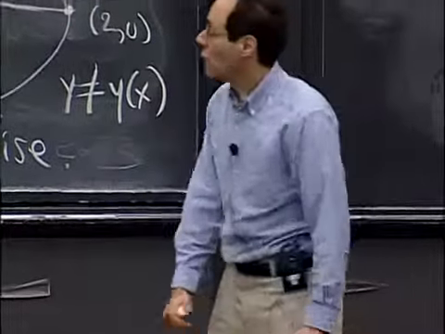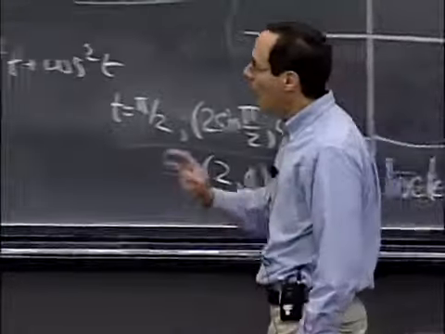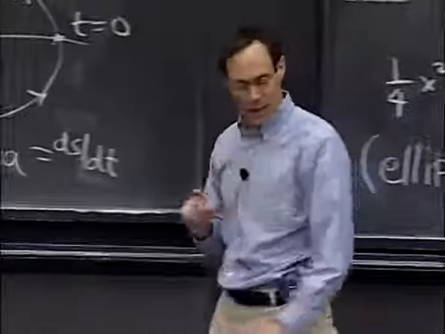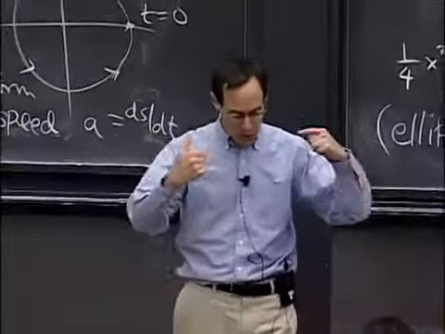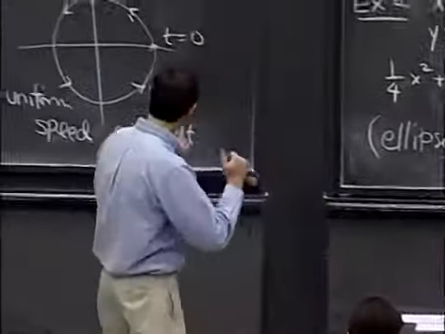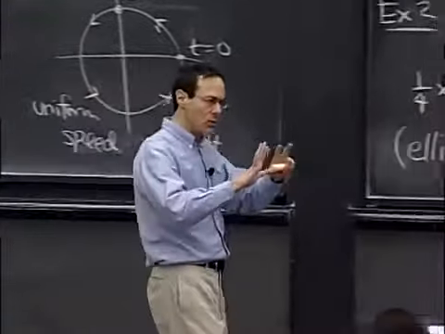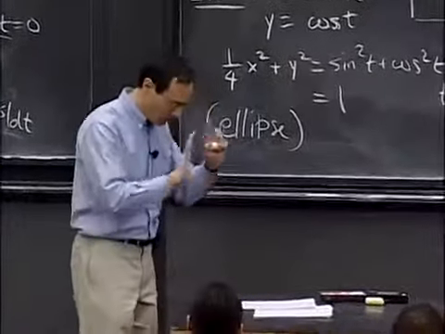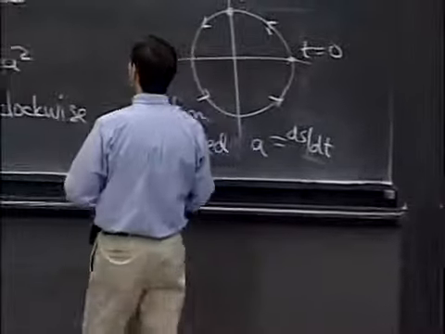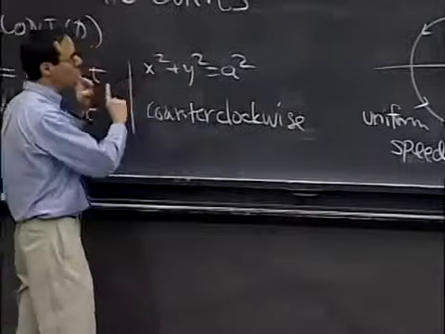Okay, the question is, how are we just integrating with respect to x? This goes back to last time, and I'm going to have to answer it in connection with what we did today.